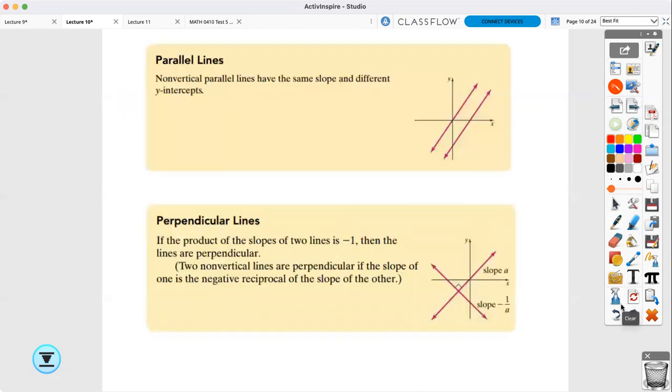Now we're going into the properties of two special types of lines, parallel lines and perpendicular lines. I'm going to give you guys about 4 minutes to write down the title, the definitions, and these two graph examples. Okay, guys. Good luck. I'm going to do 3 minutes and I'll add a minute if you need more time.